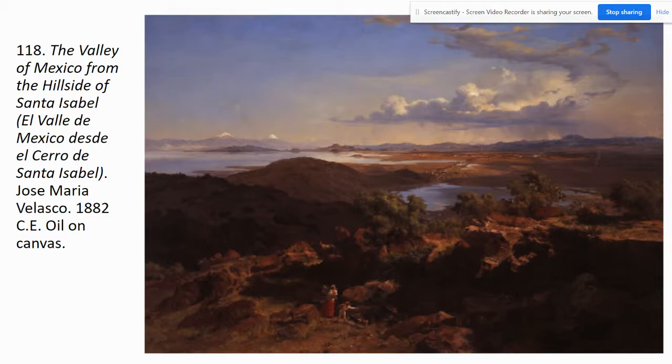Because Mexico has gained its independence relatively recently, part of what countries or cultures may do when they establish their independence in order to assert their identity is to promote a national style in art.